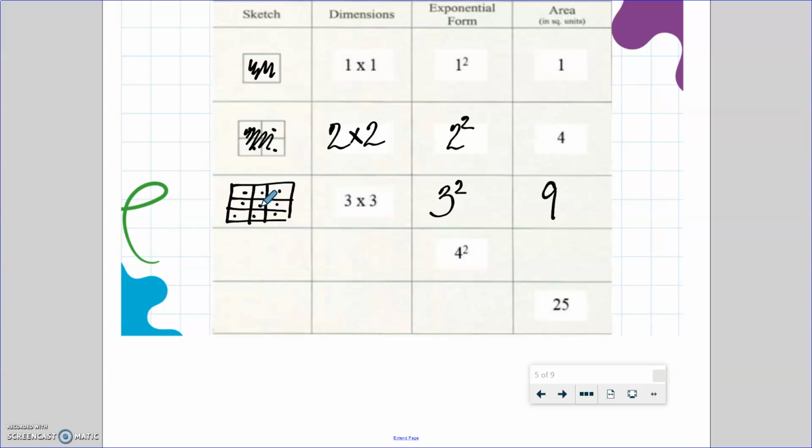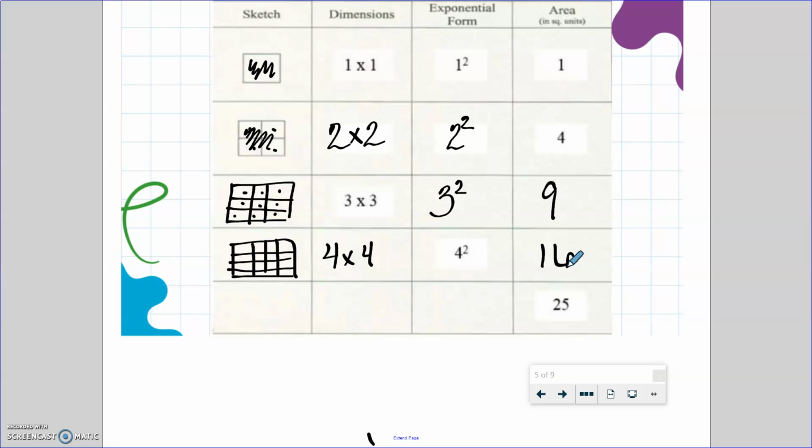So the area of the square is 9, but the side length is 3. 1, 2, 3. Next, I have 4 squared. So I know the dimensions would be 4 by 4. I'm going to draw my sketch. And I have a 4 by 4. And 4 squared gives me 16. Okay?